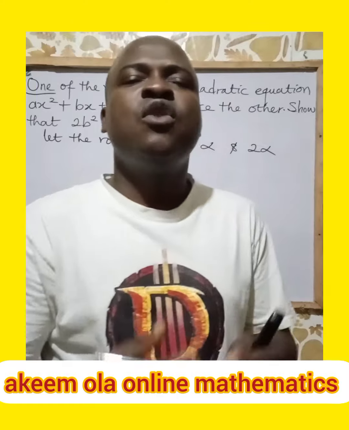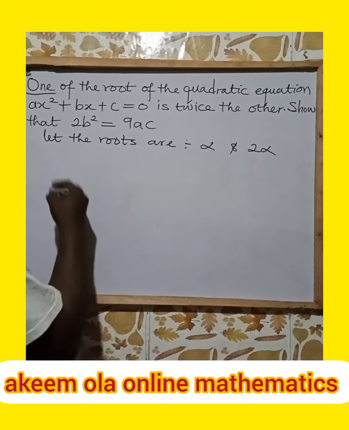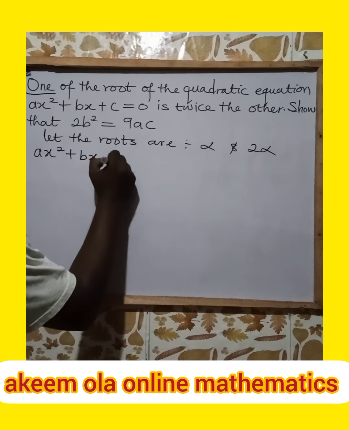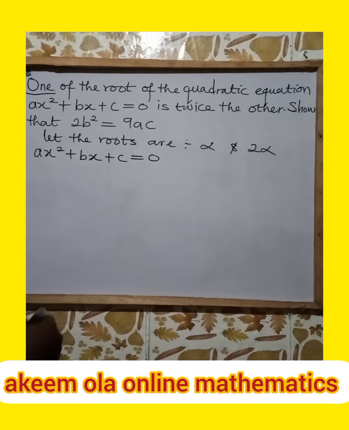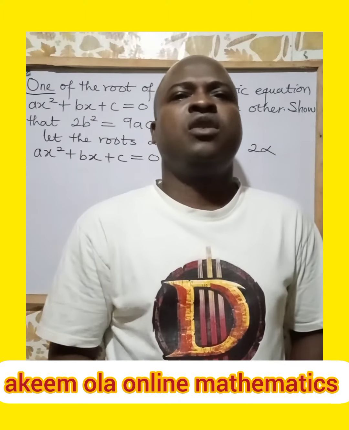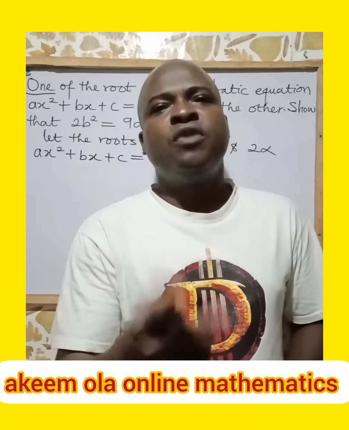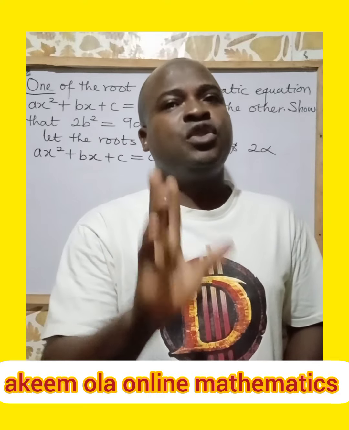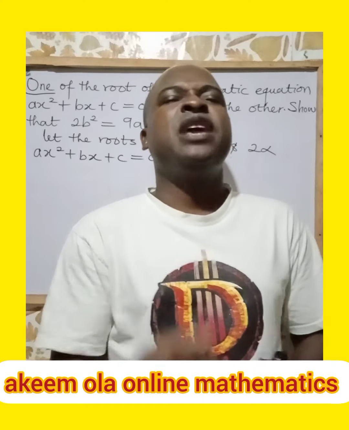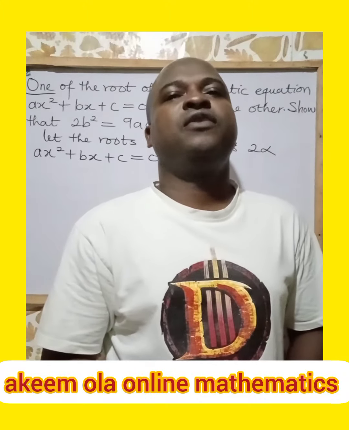After that, we can consider the equation from the question, which is still the normal quadratic equation, ax squared plus bx plus c equal to 0. When you want to solve a question involving two roots, what you need to consider is always the sum of the roots and the product of the roots. Those are the two concepts that we are going to use to derive what we are asked to prove.